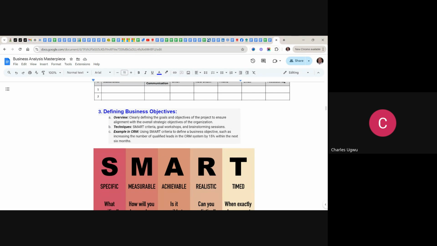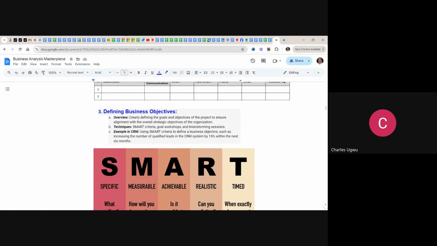So what we are trying to introduce here is how we can use the SMART technique during defining business objectives, in order not to miss any action or any key requirement.